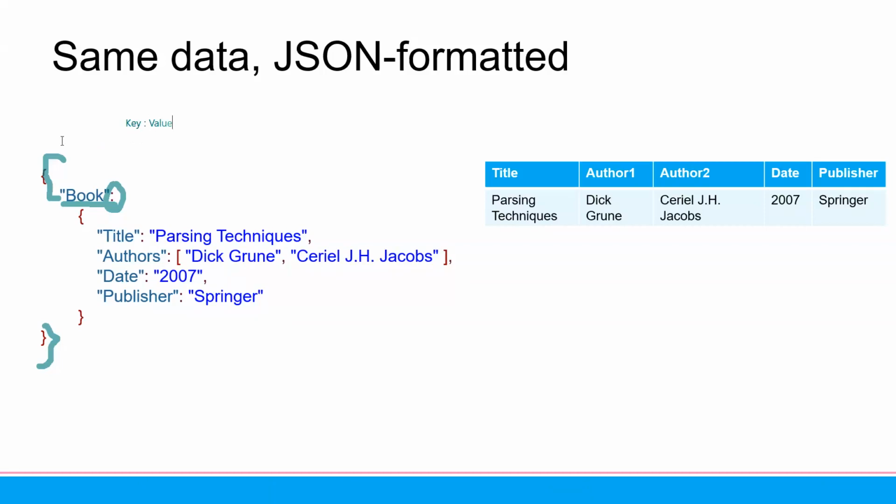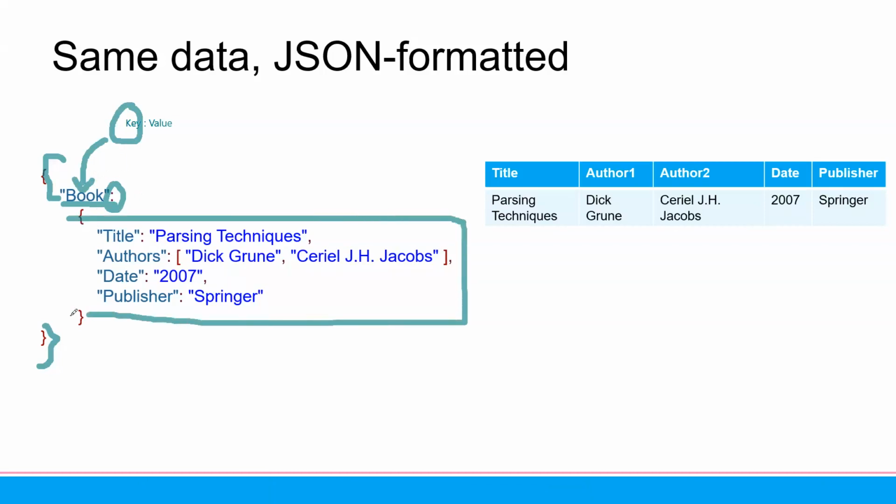The key represents what the object is. If I want to define book, then yeah, the name is book. And then I have the first book.